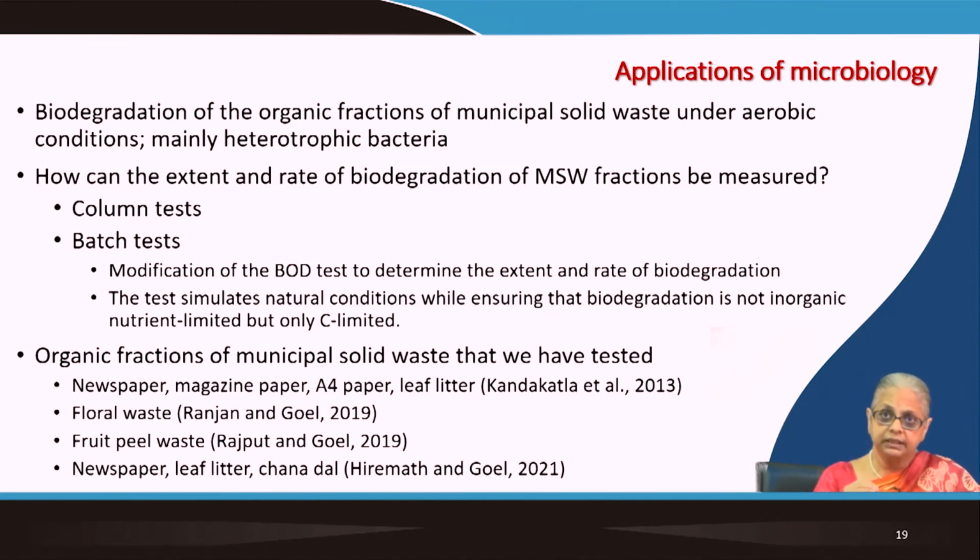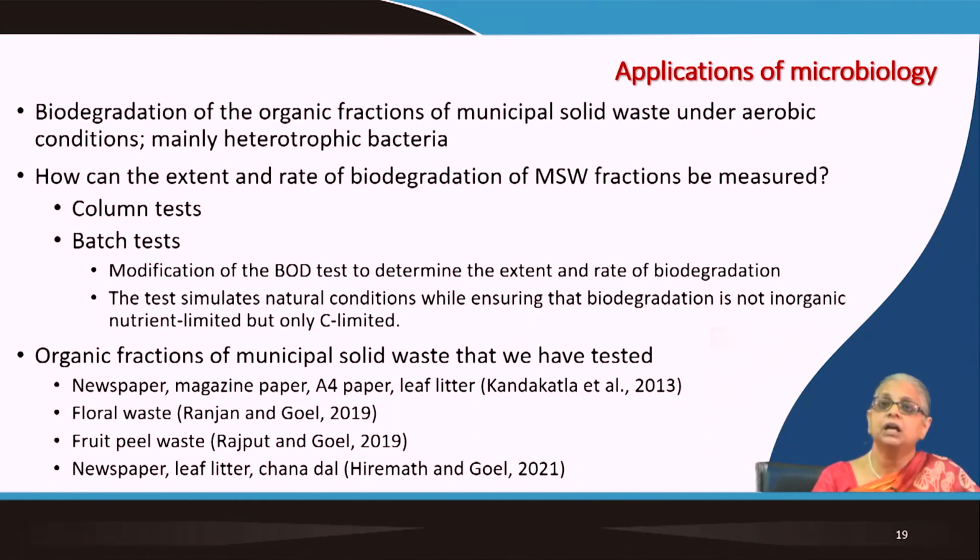There is very little chemical addition, a bare minimum, in comparison to magazine paper and A4 paper, which have a high degree of chemical processing along with mechanical pulping. So gram per gram, for newspaper versus magazine and A4 paper, you will find very different quantities of organic matter in each of these paper fractions.